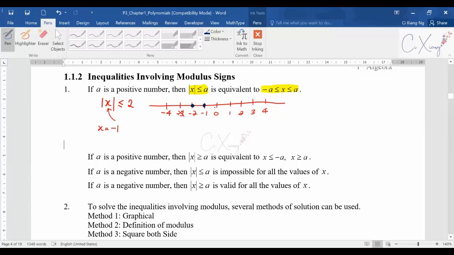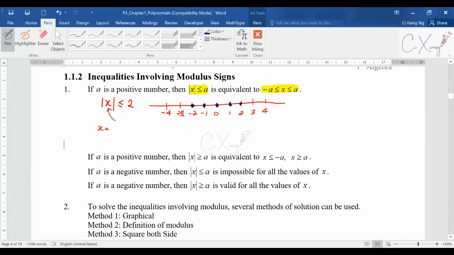What about 0? Modulus 0 is still 0, and 0 is smaller than or equal to 2, so it is also correct. Next try 1. 1 is smaller than or equal to 2, also correct. For 2, 2 is smaller than or equal to 2, so the inequality is still correct.